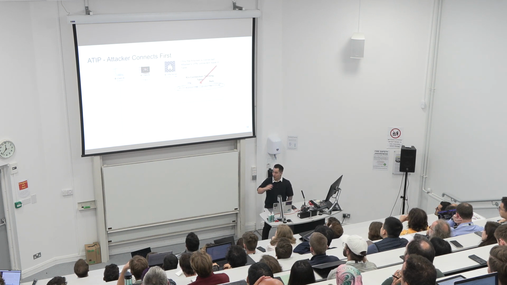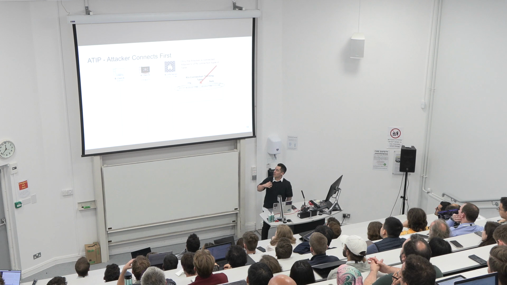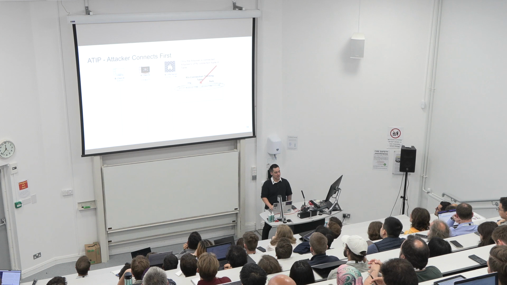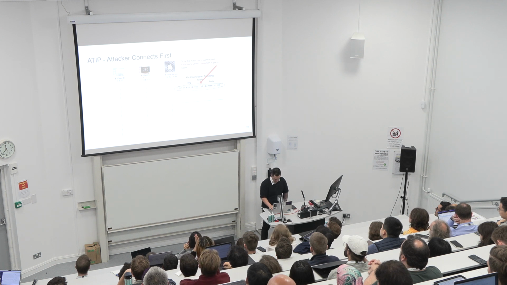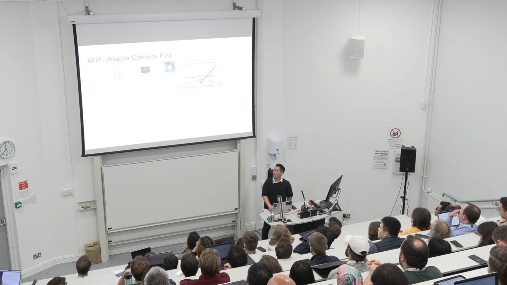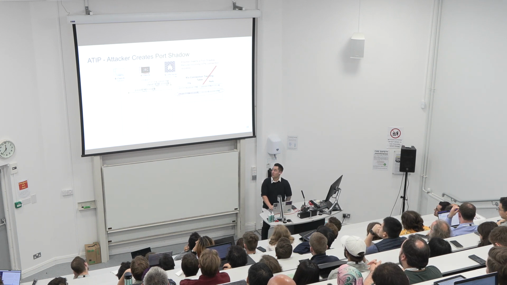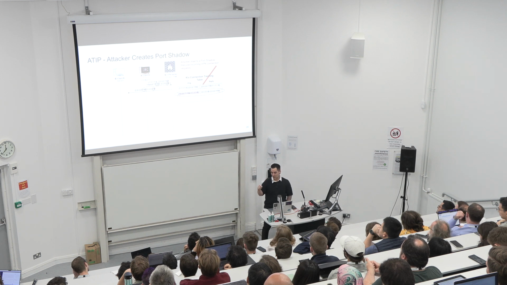So now that I've covered those prerequisites, I'm going to demonstrate how an attacker having nothing more than a VPN client and connecting to the same VPN server as a target can escalate to in-path. So assume that the attacker is connected to the VPN server, but the target is not. The attacker is going to send a packet through the VPN server to the target's public IP address.